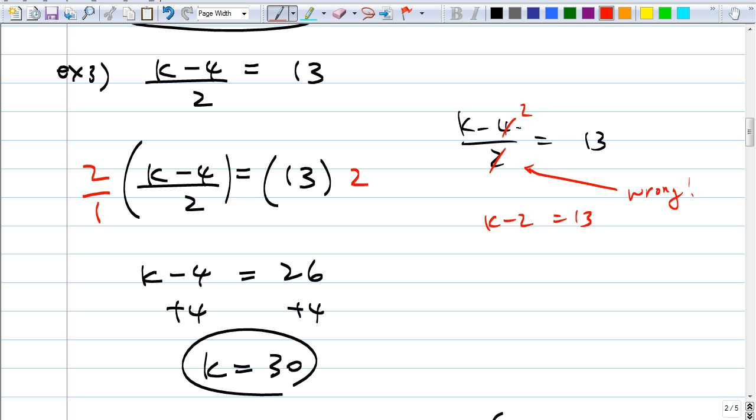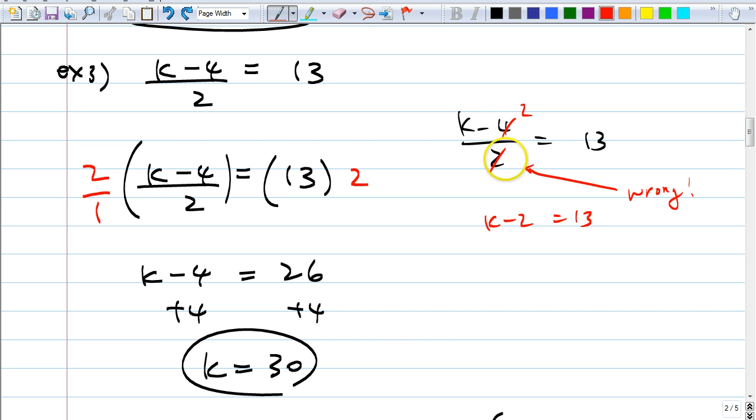Yes? You have to divide all the terms. It's k minus 4. 2 divides also k, not only the 4. So if you're going to do this, you have to write half also, or k over 2. Does that make sense? Karen? So you can't do it that way, right? If this was k times 4, you could do it, because you could divide both top and bottom by 2.